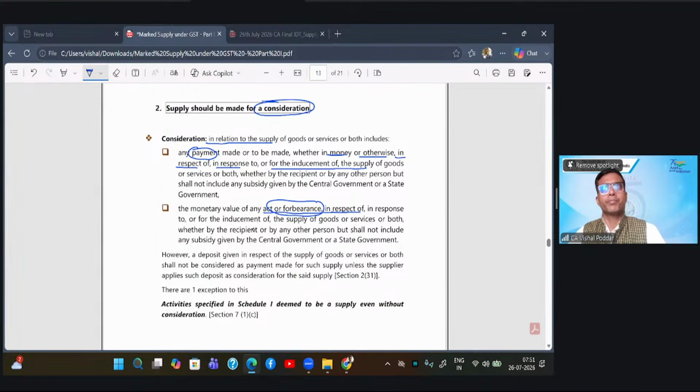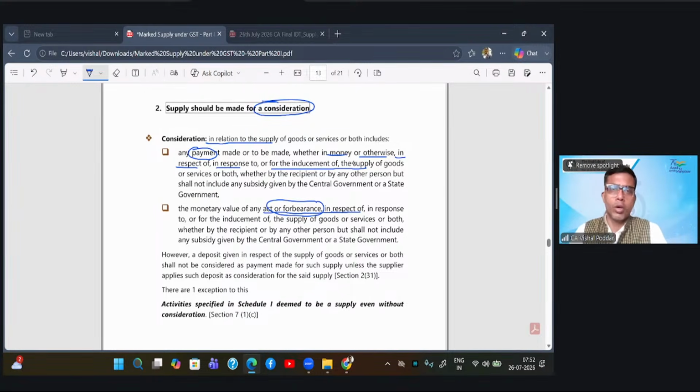So the point is, either there is money, or there is something in kind, or there is an act or forbearance done, and all these things are done in exchange of, or because I have done supply, so now you have to counter it with something. So that is what is coming against my supply. So whenever anything in any form is coming against my supply, that will be considered as consideration.